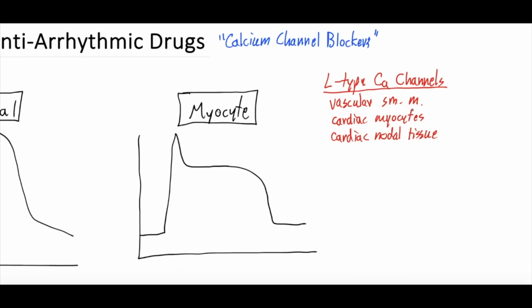In terms of their specific mechanism, they regulate the influx of calcium into these cells. The L-type channels regulate the influx of calcium into these various cells and thus cause changes to those cells.